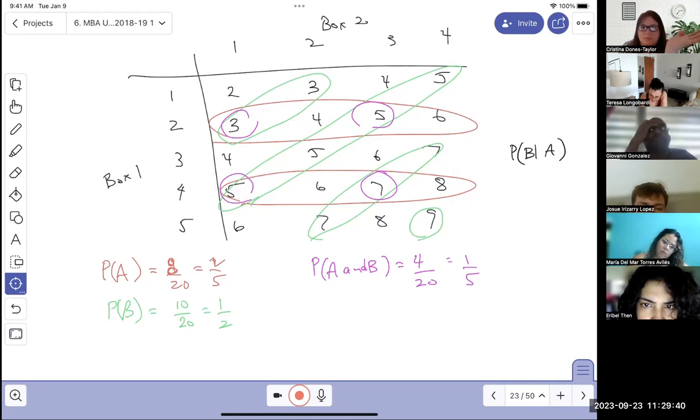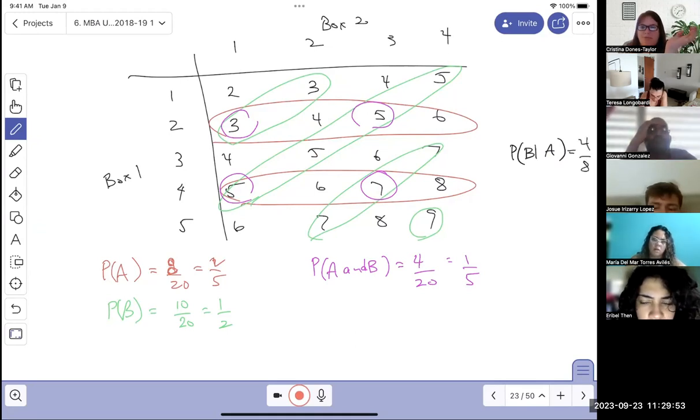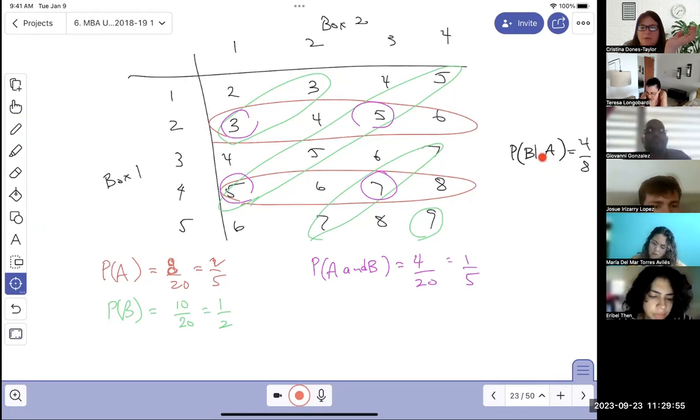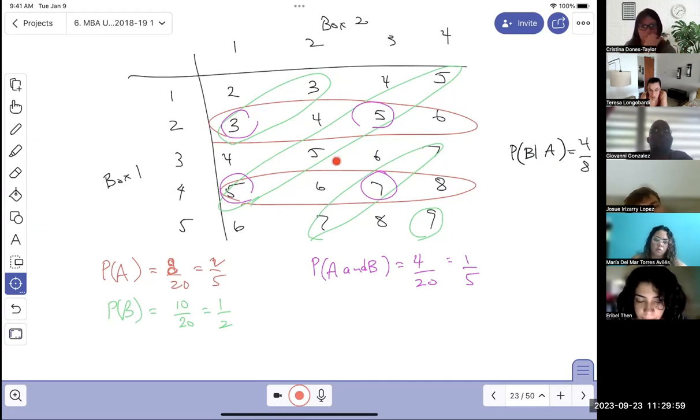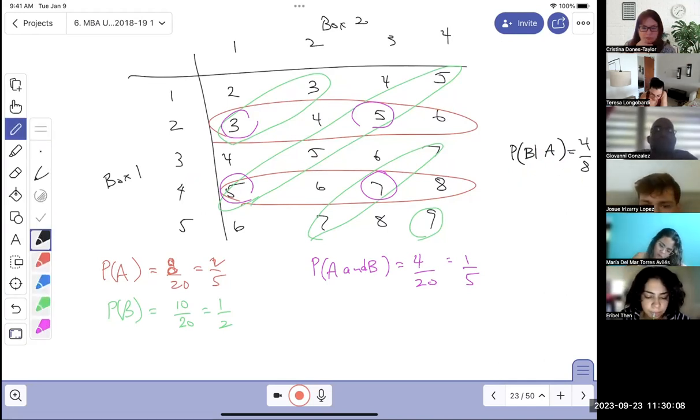Now you're in the subset, so you're out of 8. 4 of 8. In red, in the subset of A, that's what conditional means. So I'm trying to help you understand conditional. I'm in A, so A is just the red, and how much of A is B? It's 4 out of 8, which is 1/2.